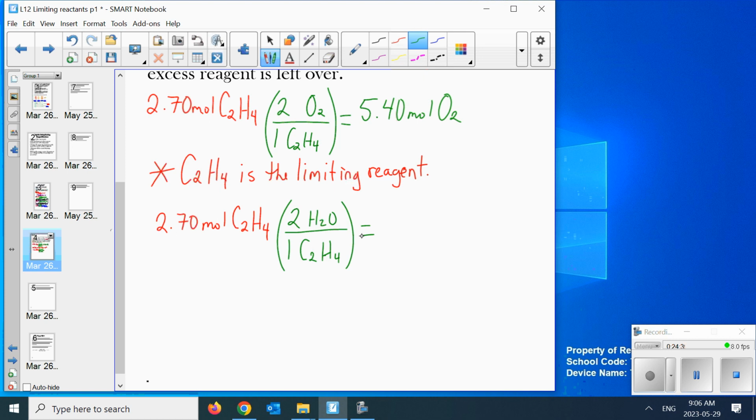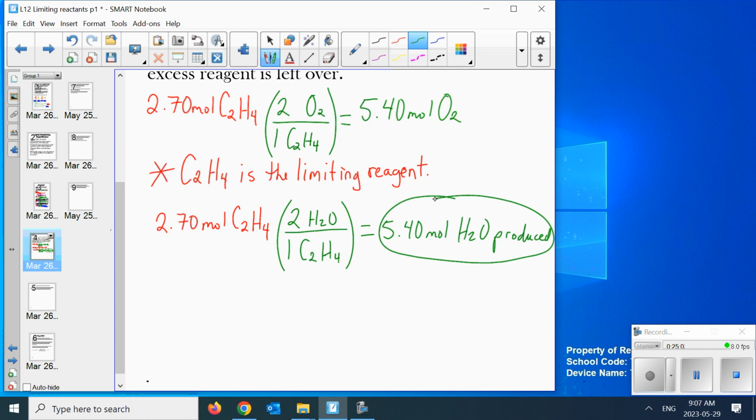Same digits as above, so it's 5.40 moles H2O produced. I'm going to circle that, or star it, whatever, because it's something your teacher is looking for. Okay?